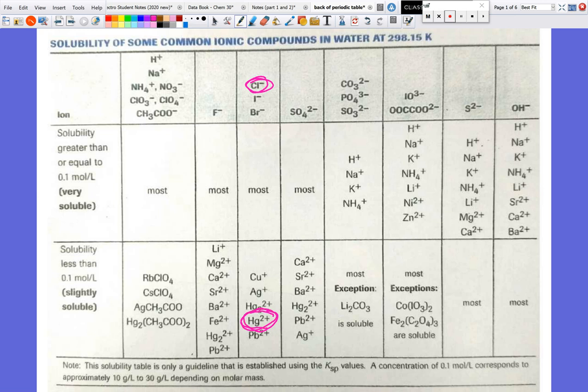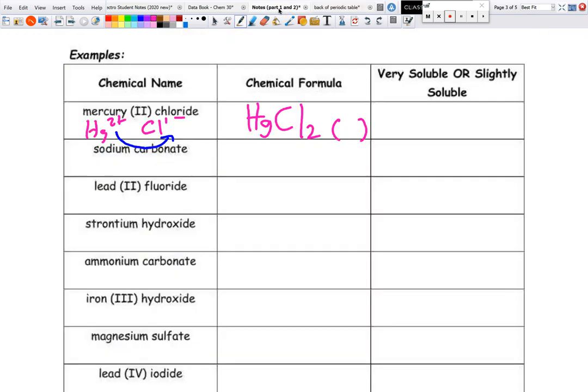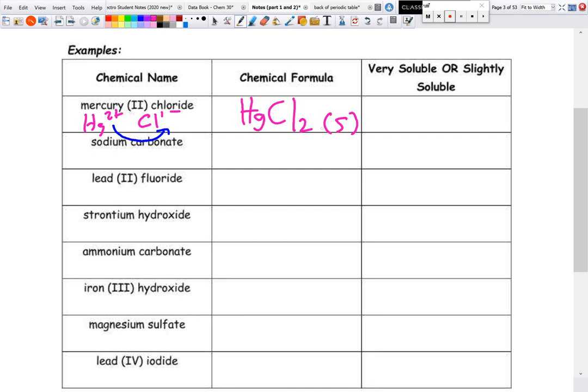So we have mercury 2 chloride, so this ion right here is going to make a slightly soluble or a solid notation. So we can write solid in here and write slightly soluble right here.